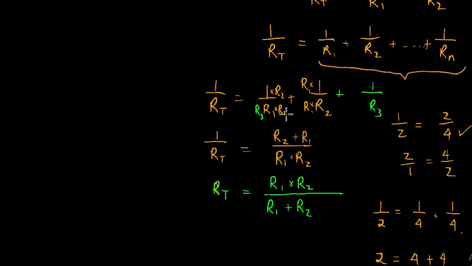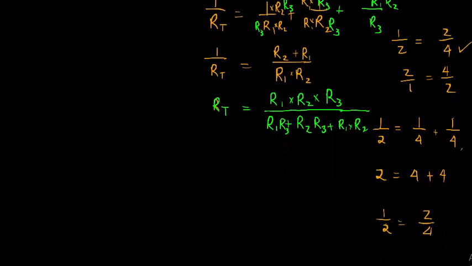Now each one of these needed to be multiplied with an R3, which means each one at the top now gets not just multiplied with R2, it also has to multiply R3, and this one gets multiplied with what it didn't have. It didn't have R1 and R2, so it will change this expression to be R1 times R3 plus R2 times R3 plus R1 times R2, and in the numerator we'll have now an extra 1 R3.